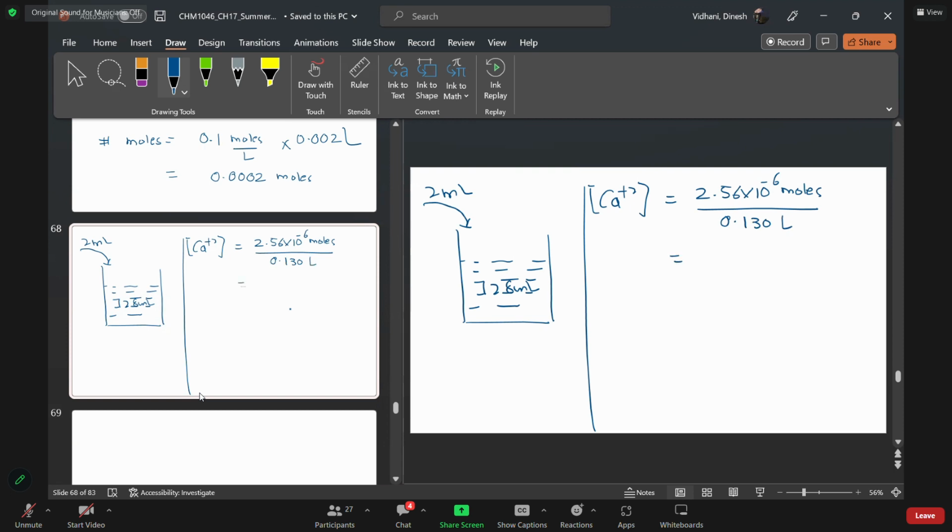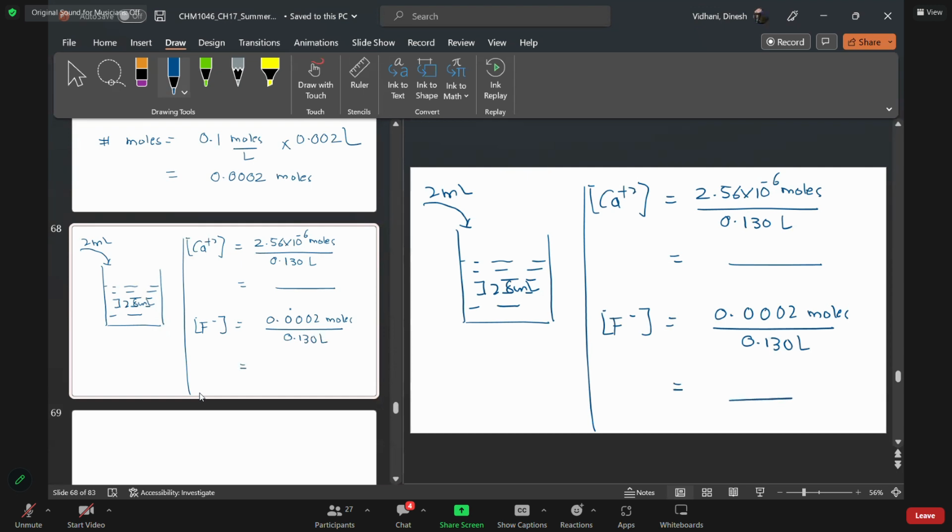This is going to give you the molarity of calcium ions. Fluoride ions, on the other hand, you started with 0.0002 moles. This was initially in 2 milliliters. Well, now we have it in 130 milliliters. Can you find me the concentration of these two ions?